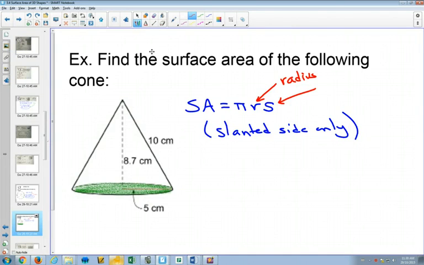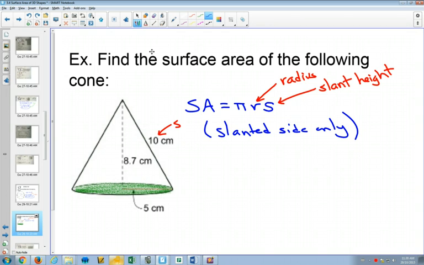The s stands for the slant height. And in our example, our slant height is 10. Our height is 8.7, but we don't need that for our formula.